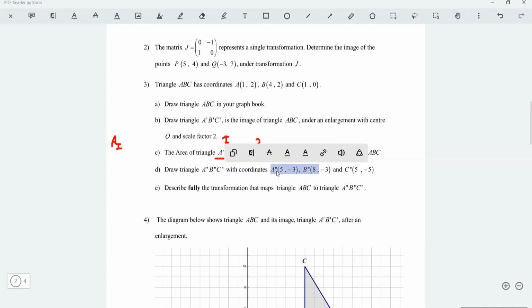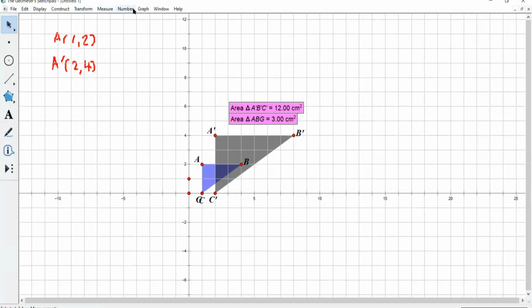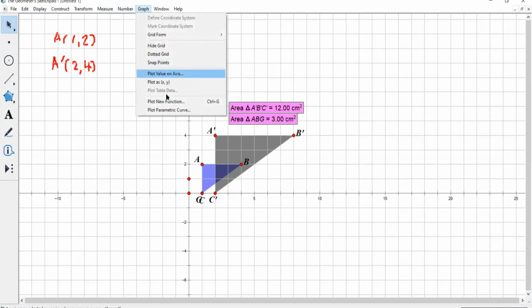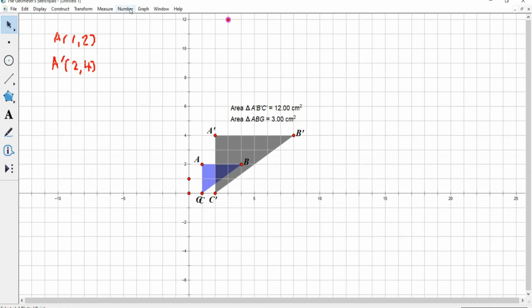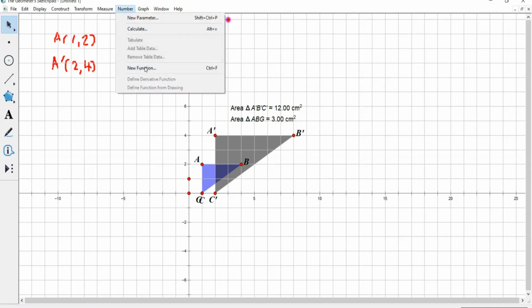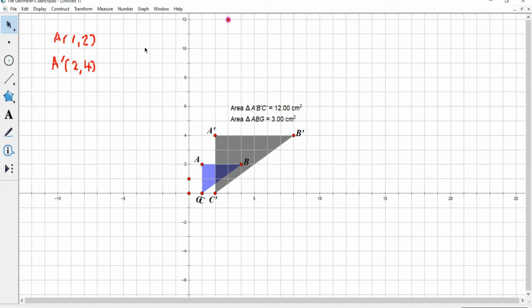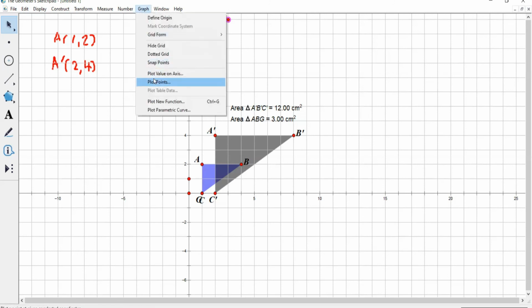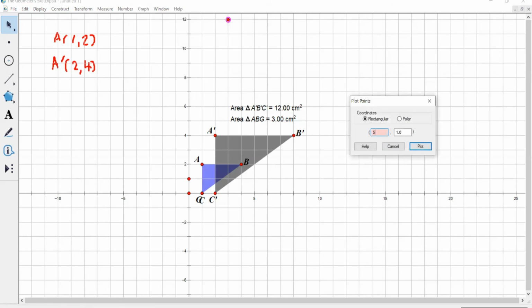Now it says draw a triangle A double prime, B double prime, C double prime with these coordinates. A double prime is (5, -3). So we're going to plot 5, minus 3 now. We'll plot in the points. We go to graph, we want to plot points. Plot the points, 5, minus 3.